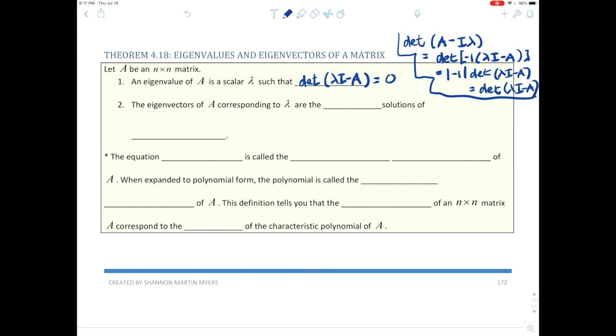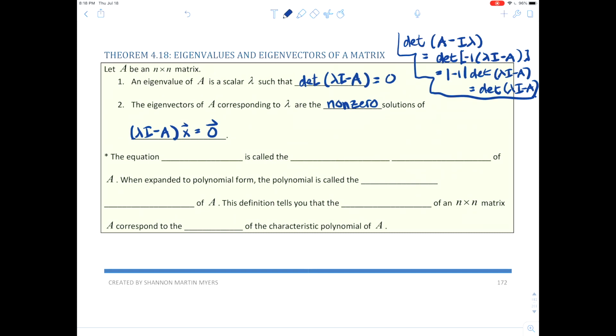So the eigenvectors of A corresponding to lambda are the non-zero solutions of lambda I minus A times x is equal to the 0 vector. So to get the eigenvalues, you set the determinant of this lambda I minus A matrix equal to the scalar 0.